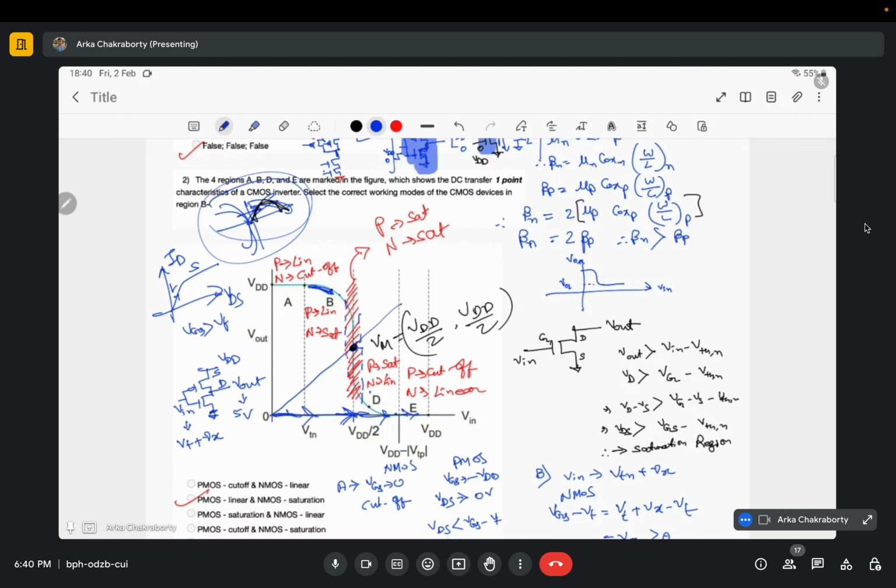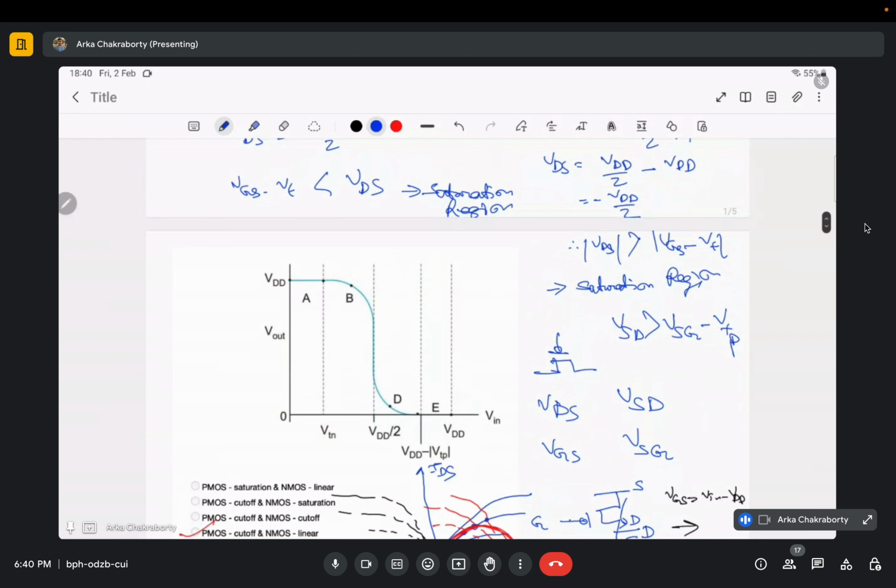In this region, okay, let me go clean one. In this region, you can see NMOS is off, PMOS is on. Here NMOS is also on, PMOS is also on. So in this region, when there is some switching, some power will be dissipated, because both NMOS and PMOS are on, and there will be a direct path between VDD and ground.